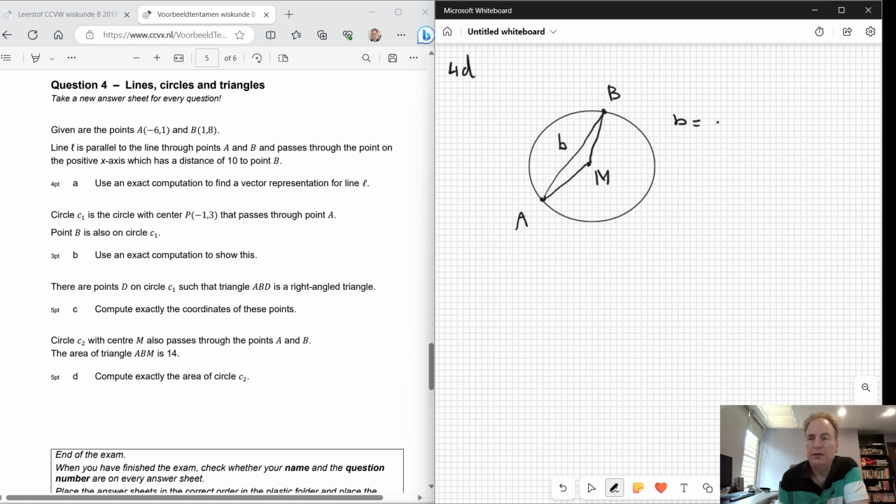And the base is the segment AB, and that's something we can calculate. The distance from A to B is the square root of 1 minus minus 6 squared plus 8 minus 1 squared.